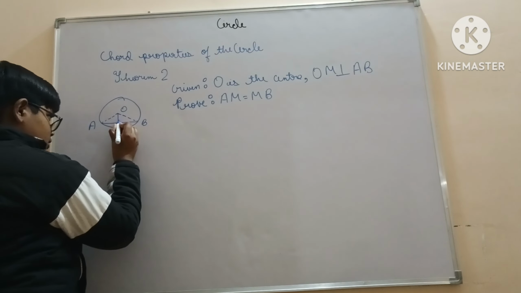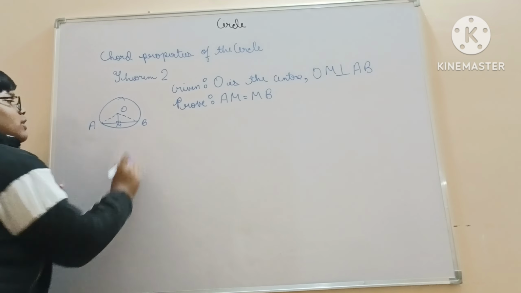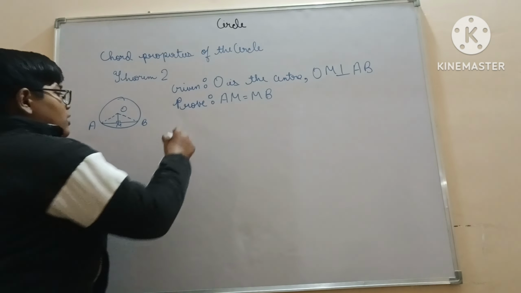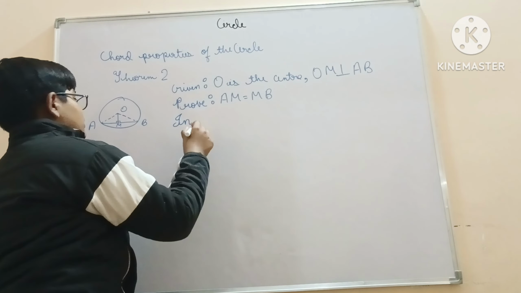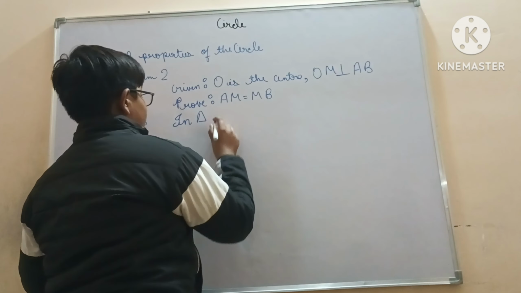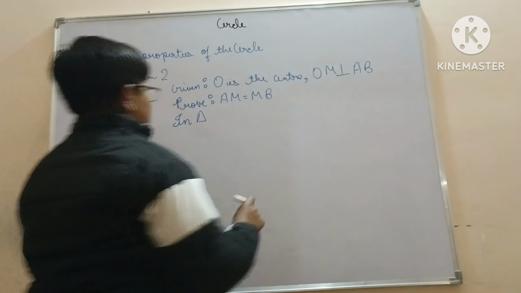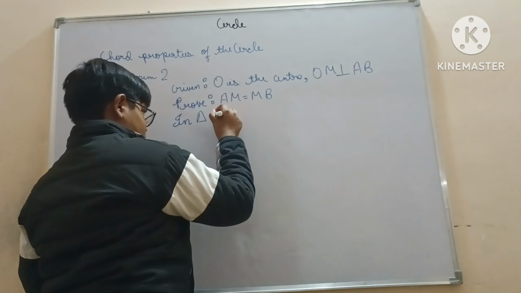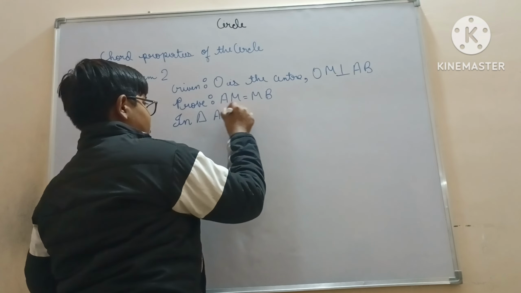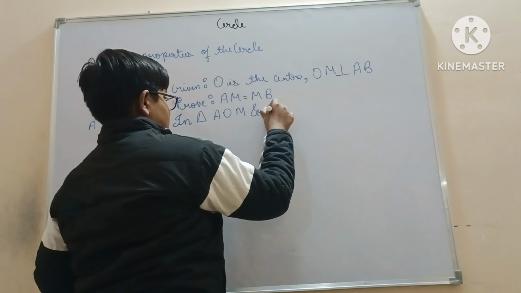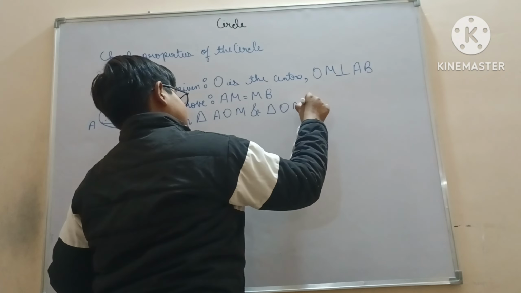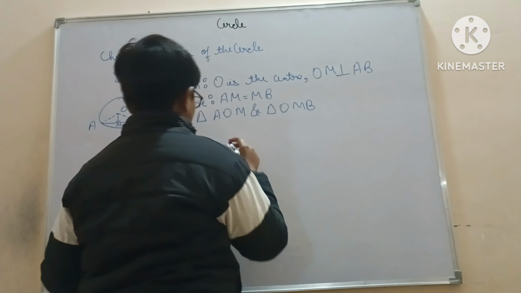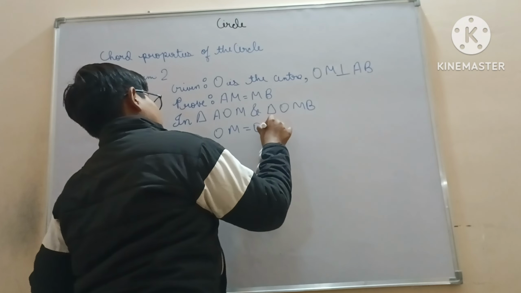As it is given that OM is perpendicular to AB, the angles AMO and OMB will both be 90 degrees. So we have to prove both the triangles congruent in order to prove that AM is equal to MB. So in triangle AOM and triangle OMB, first of all, the common line OM is equal to OM.